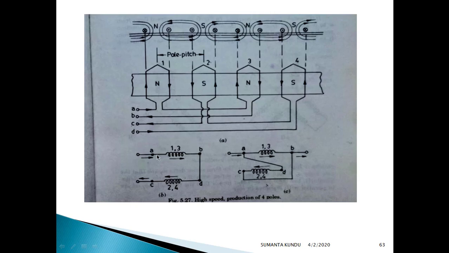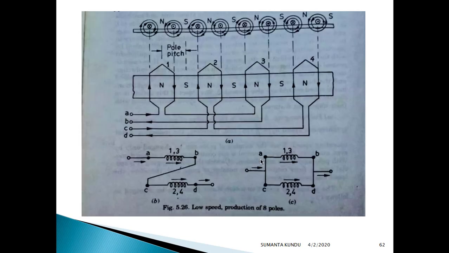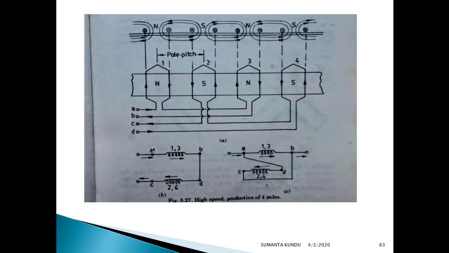So we can do it by series connection, and as I have mentioned, in case of 8 poles we can do it by parallel connection. So 4 poles are produced. So we can say that if the current in the two coils flows from A to B and from C to D, 8 poles are produced, A to B and C to D. Whereas if the current of the two circuits flows from A to B and reverse, D to C, then 4 poles are produced.